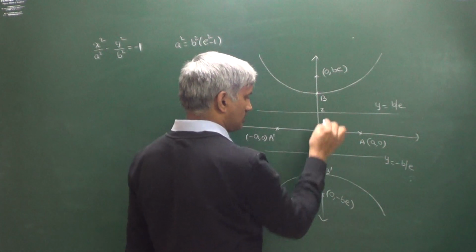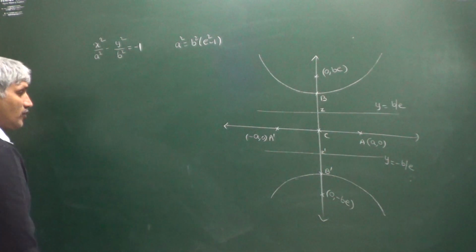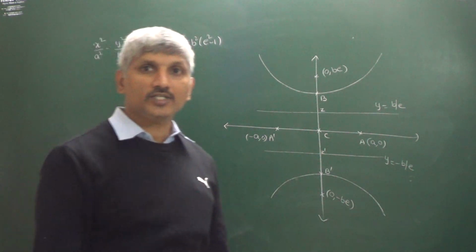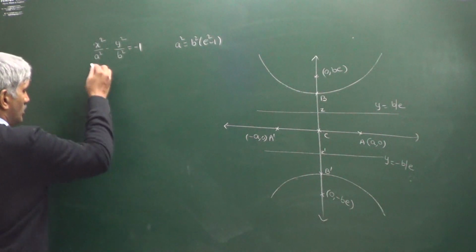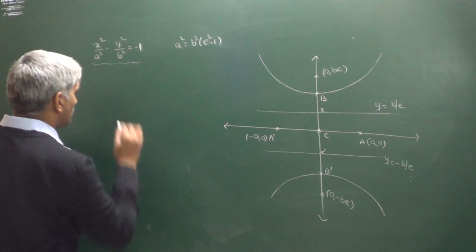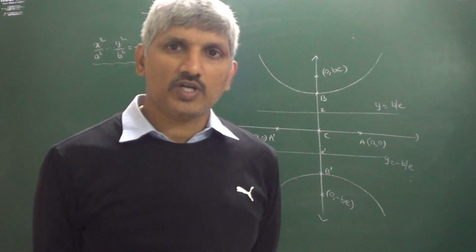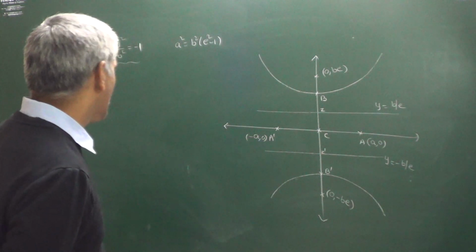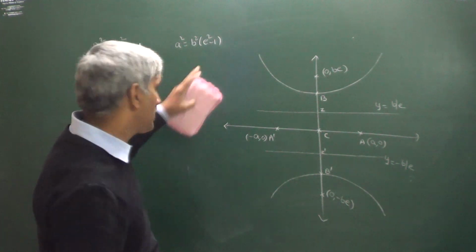We can say this one is Z and here it is Z'. So that is another form of the hyperbola, which we call the conjugate hyperbola. The equation of the conjugate hyperbola is x²/a² − y²/b² = −1, where a² = b²(e² − 1).